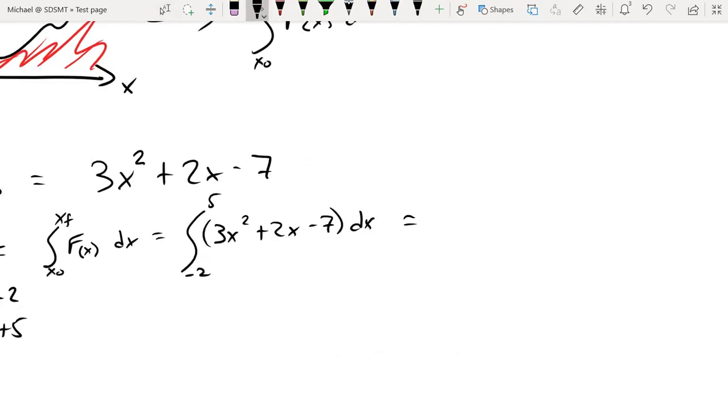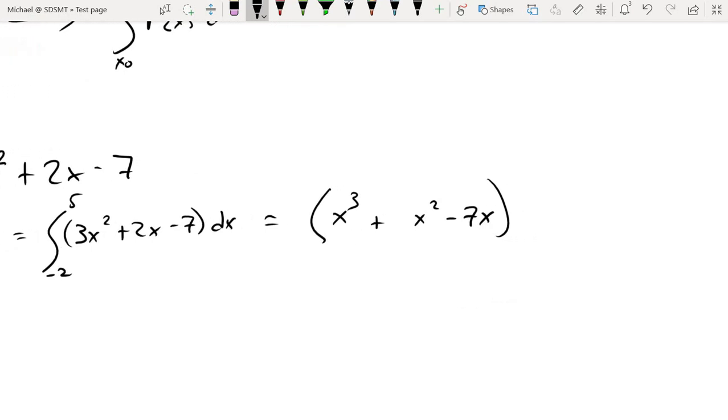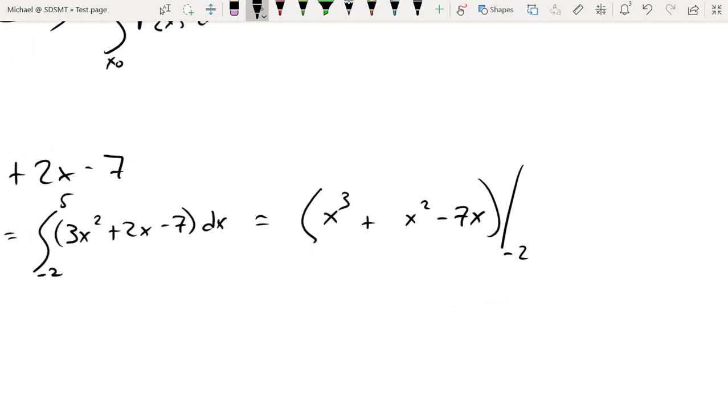And when we do that, we get 3x cubed over 3 plus 2x squared over 2 minus 7x. The 3's and the 2's are going to cancel out, so we'll clean that up. This is what we get after we integrate, though we haven't evaluated yet.